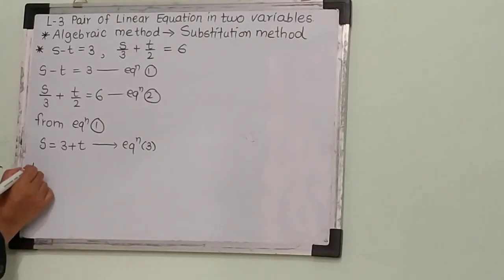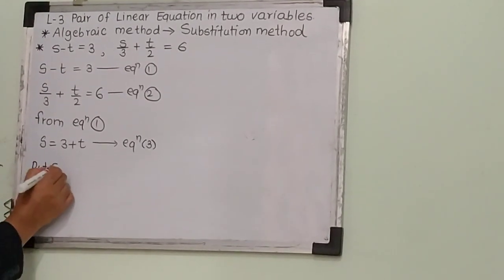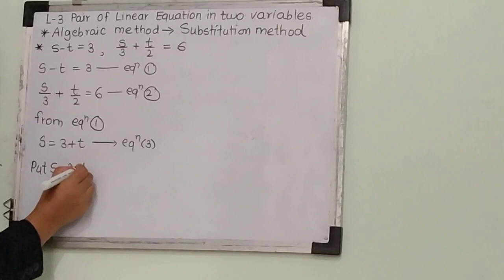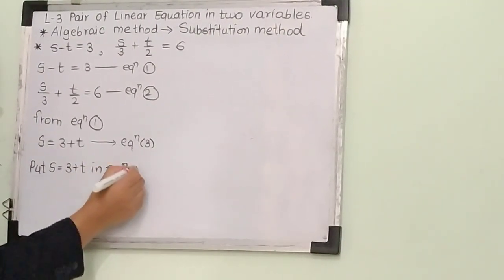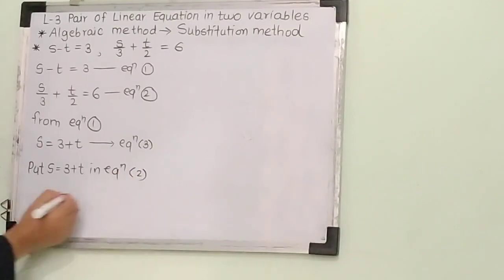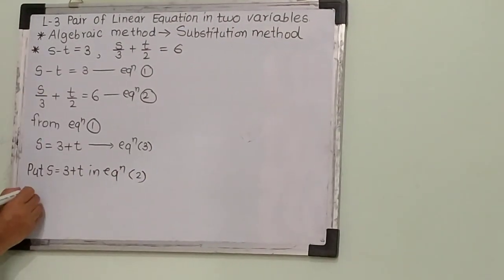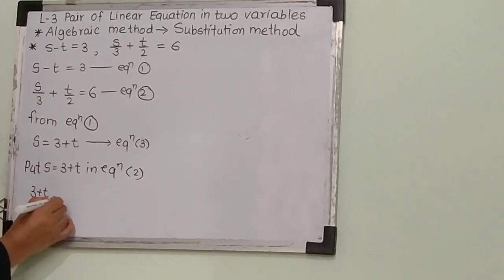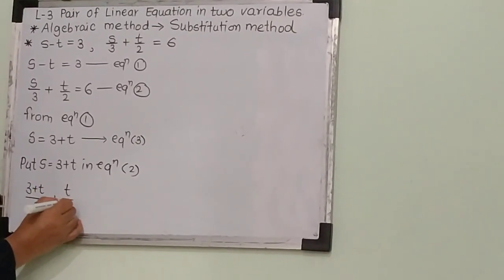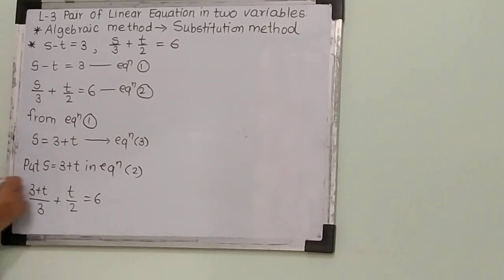So put s equals 3 plus t in equation 2. So instead of s I will write 3 plus t upon 3 plus t upon 2 equals 6.